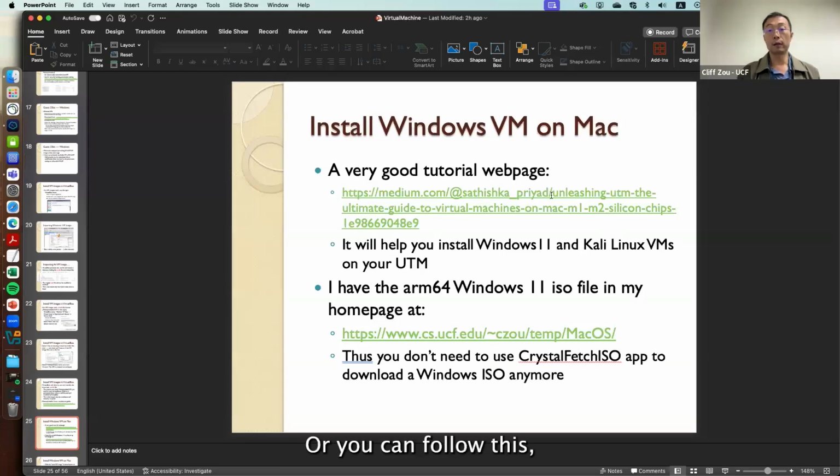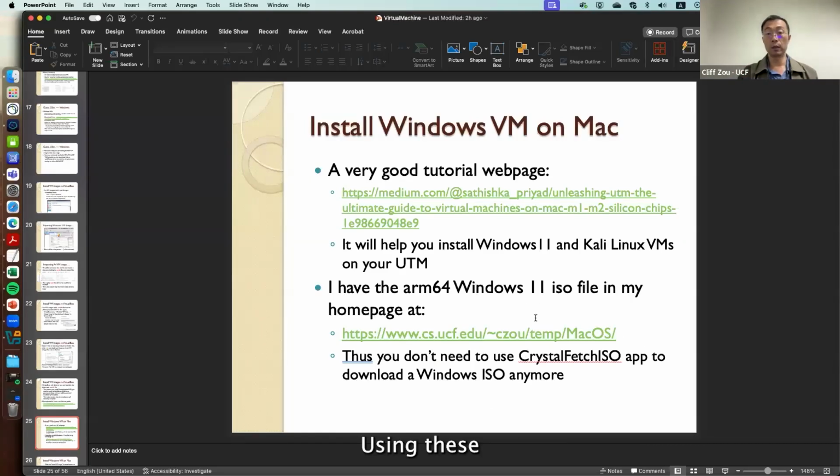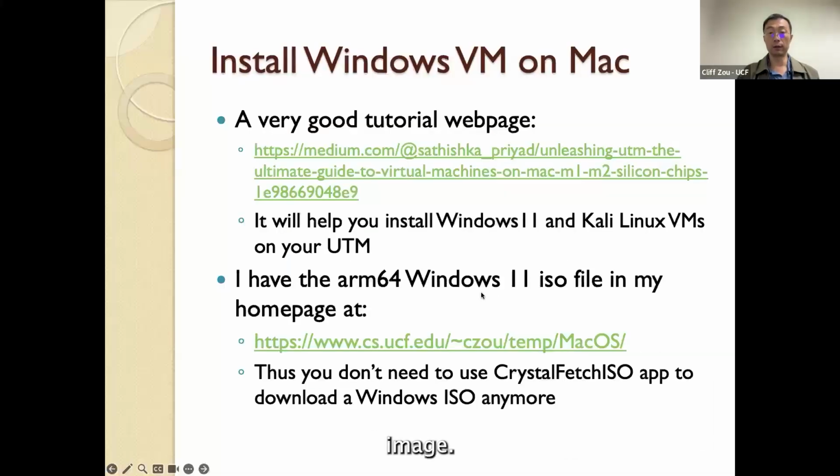Or you can follow this tutorial to download this ARM-based Windows ISO image by yourself using the recommended way to download. But you can use my already downloaded image.